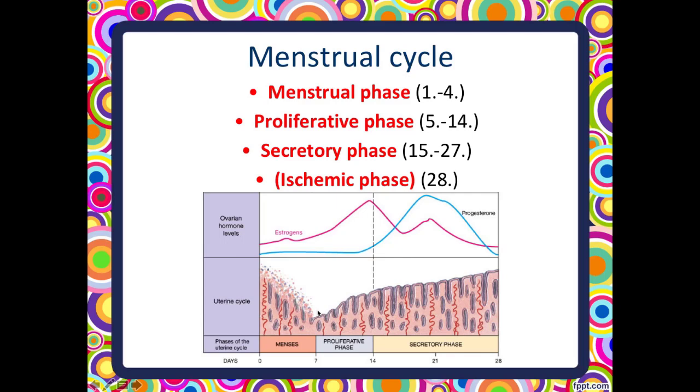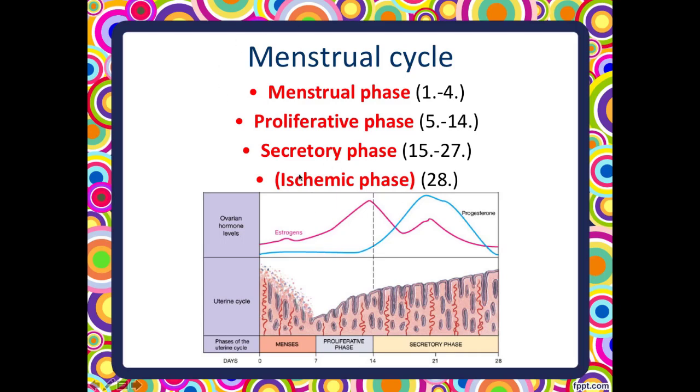During the proliferative phase, there is change in the uterine glands and stroma. Then, after the ovulation, about day 14, there is secretory phase, which coincides with the activity of the corpus luteum after the ovulation, and is influenced by the secretion of progesterone from the corpus luteum of ovary.